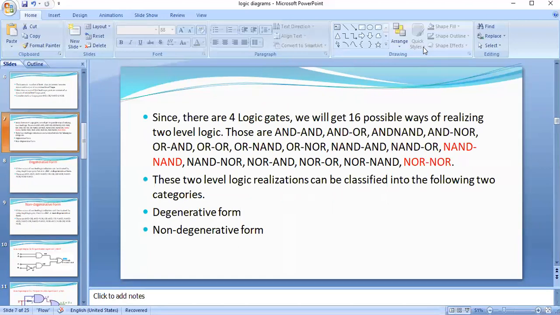Based on these combinations, the two-level logic realizations can be classified into two types: degenerative form and non-degenerative form.